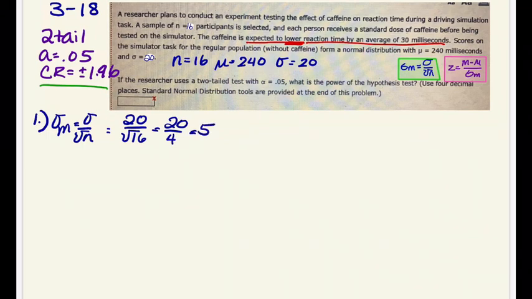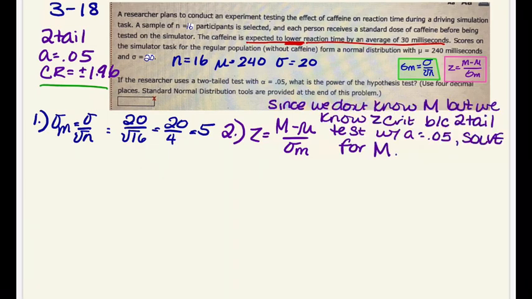In our next step, we're going to use our Z formula, except we already know Z because we have an alpha level of 0.05 in a two-tailed test, which gives us a critical region of plus or minus 1.96.